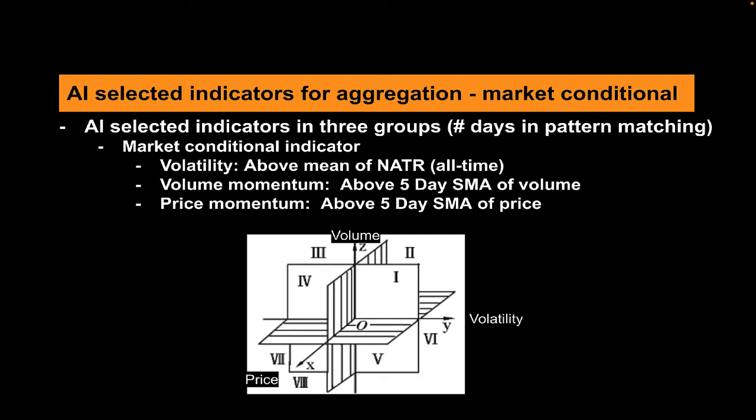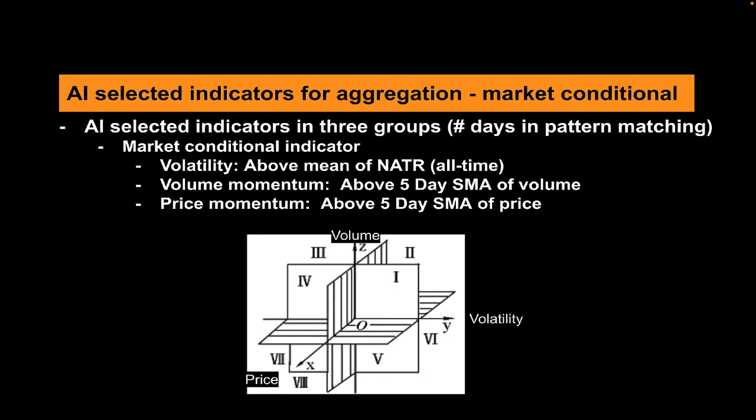Is it high volatility, high volume, or is the price moving towards or above the 5-day SMA price? That is something we really care about because it helps the system judge what kind of strategy or policy to adopt in a specific market condition.